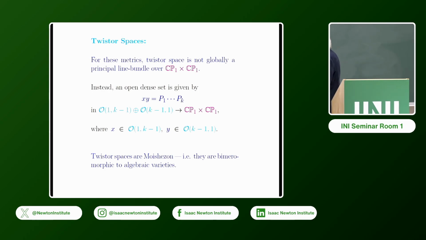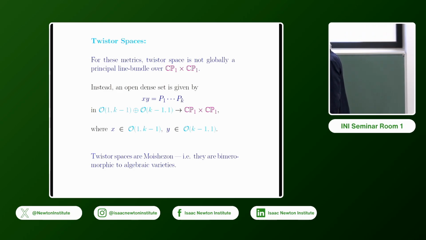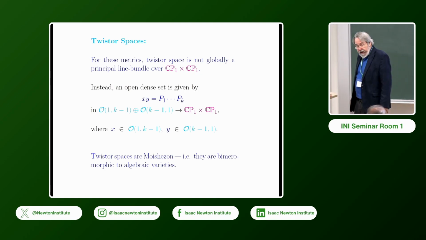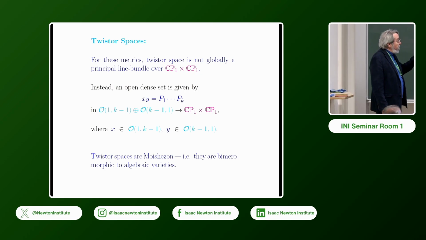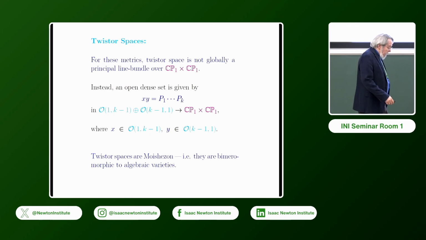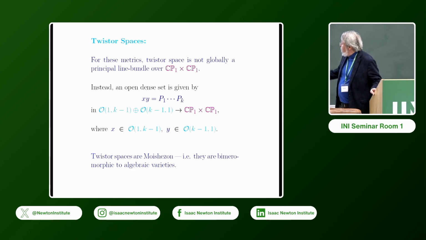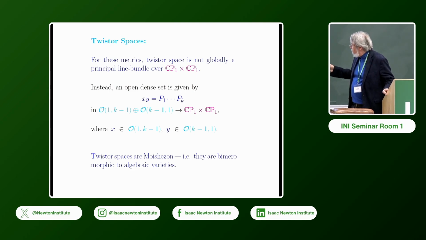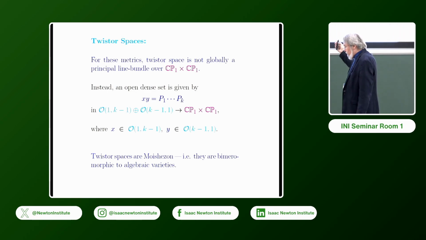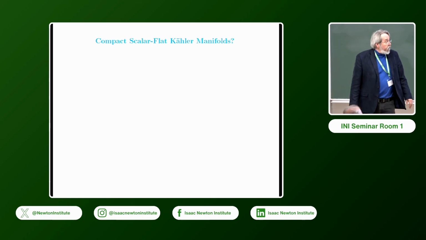The cute point is that the twistor spaces are bimeromorphic to algebraic varieties, and there are very few compact anti-self-dual manifolds with that property. The twistor space is not actually an algebraic variety, but it is up to bimeromorphic maps. Noboru Honda has found some also very interesting examples with that property that are different. They're topologically of the same type, but geometrically different.